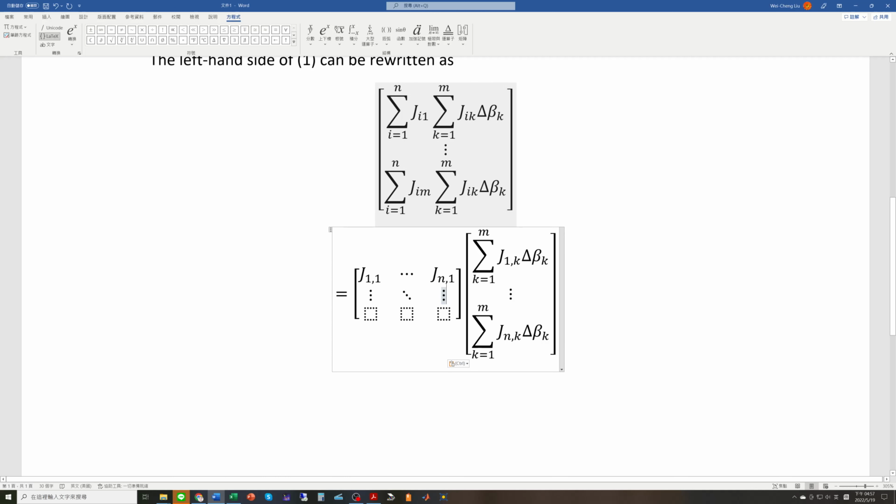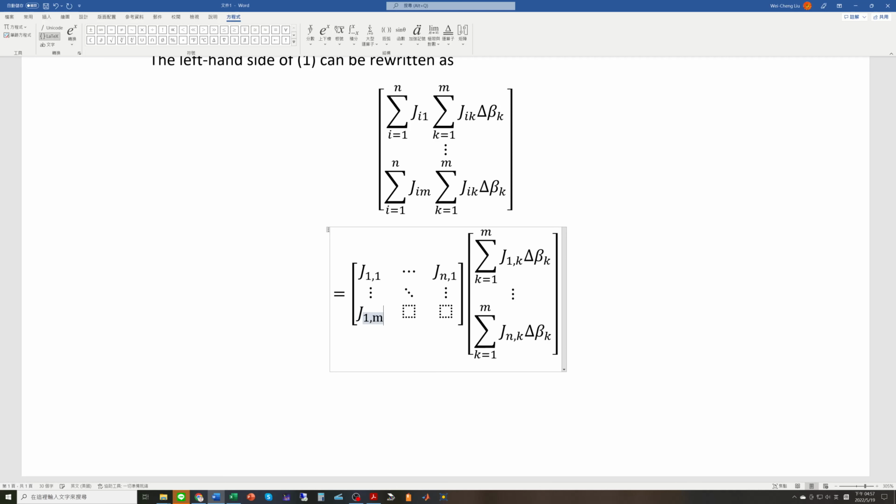So you can see that we only need to copy the first row here and change the second index to m. So J11 copy here and change the second index to m.